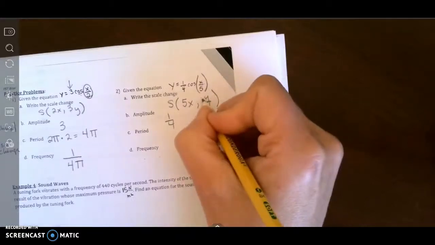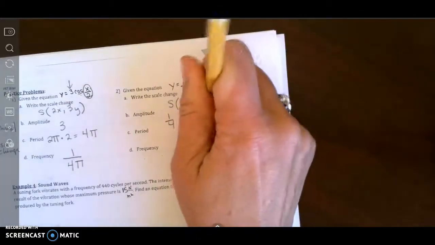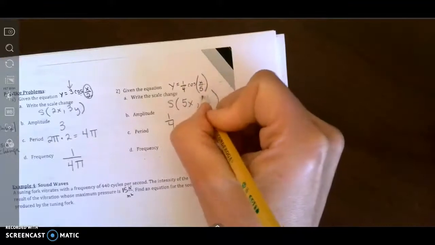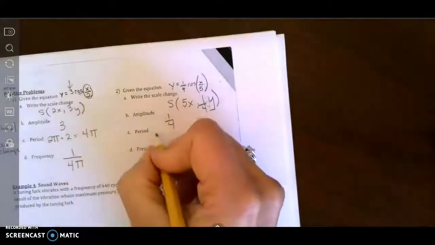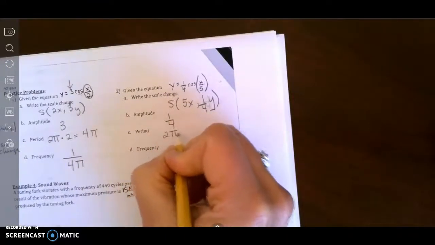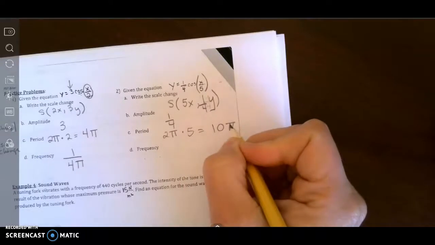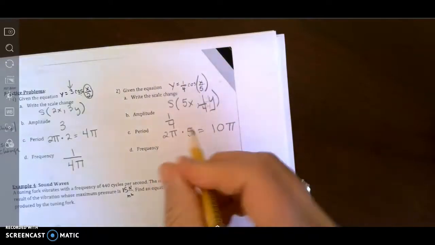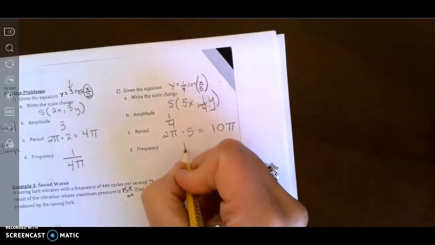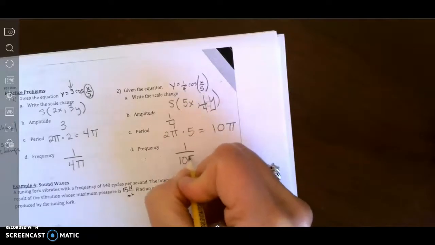Maybe I'd rather write it as 1/4 y, like that. The period is 2 pi times 5, or 10 pi. The frequency is the reciprocal, 1 divided by 10 pi.